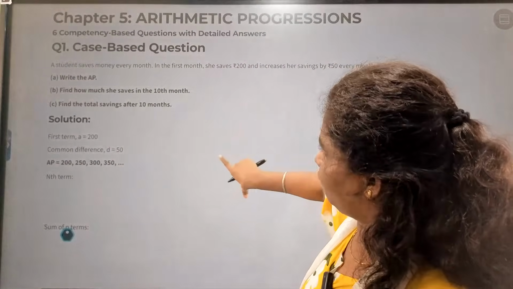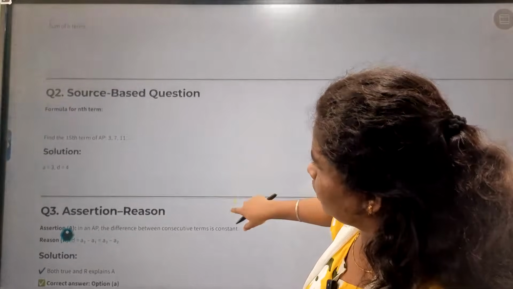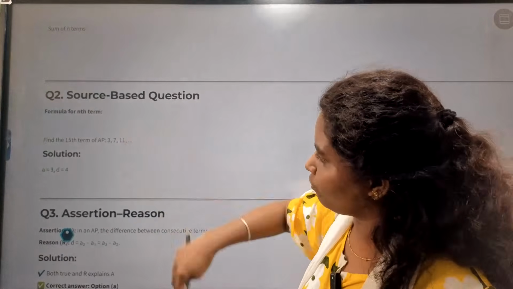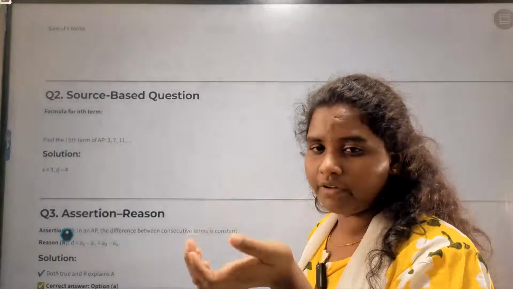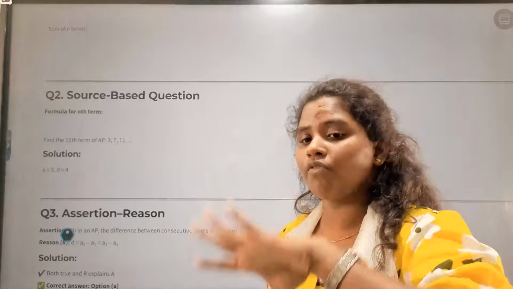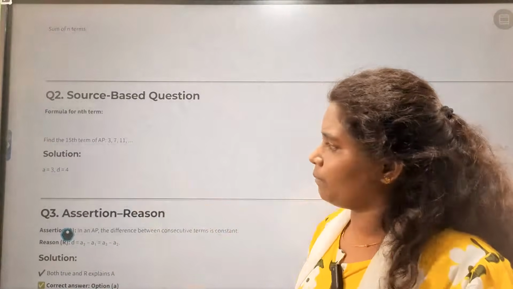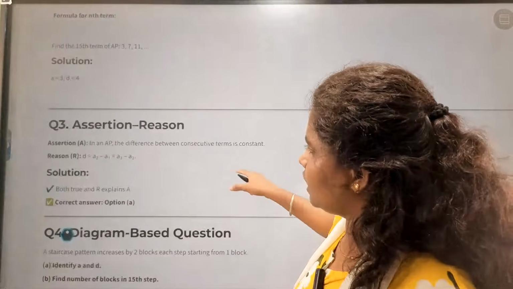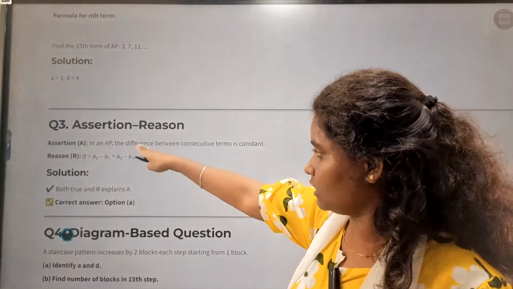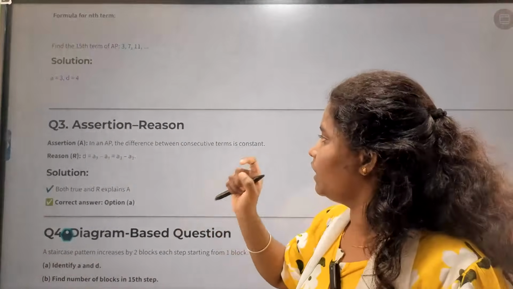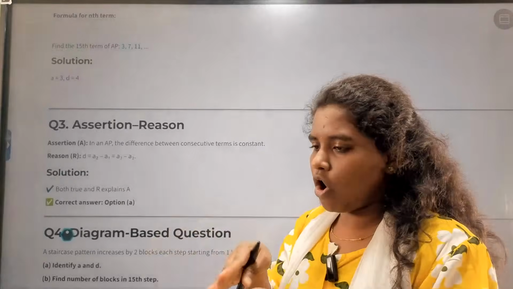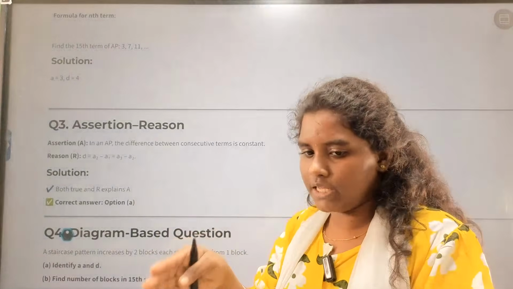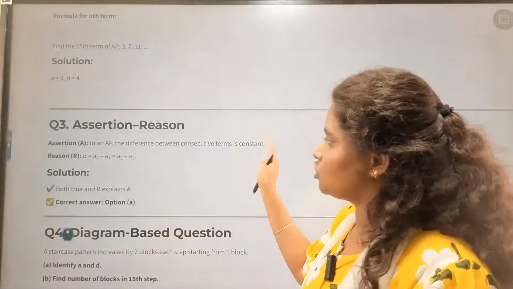So for the AP format, see the formula: we have to find the nth term. So find the 15th term of an AP. By using a plus n minus 1 into d we will solve. And in assertion and reason, the assertion is given as: in an AP, the difference between consecutive terms, that is the next value, is constant.